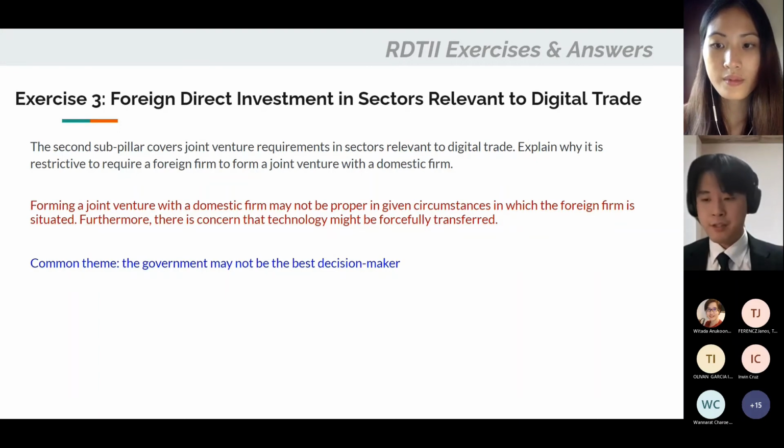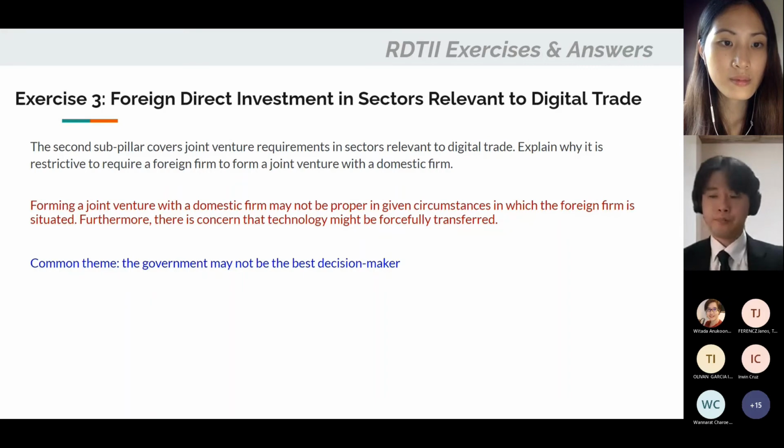There are some policy objectives that the governments care about, but for the sake of digital economy integration, some things should be left to the discretion of business owners, and this will be dealt with more in a later question. Most of you, I mean, all of you got this one right.